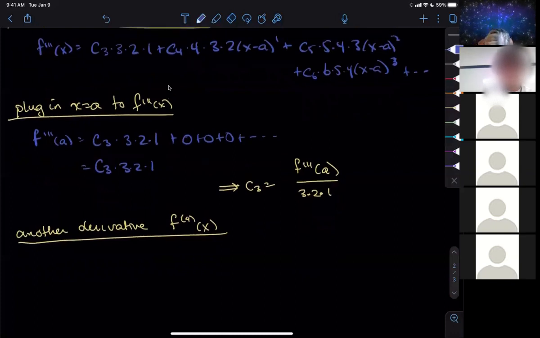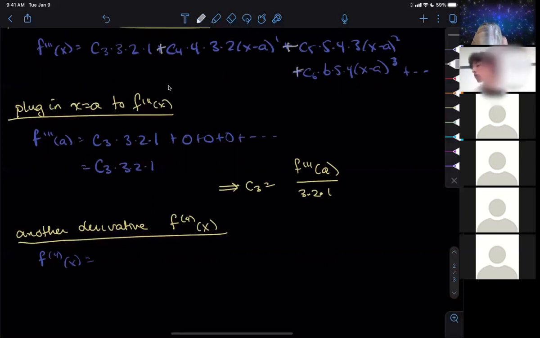Okay, so how are we going to take this derivative? The fourth derivative of f of x: that guy goes away. Maybe it's hard to tell, here are the separations between the terms. The constant term goes away as usual.